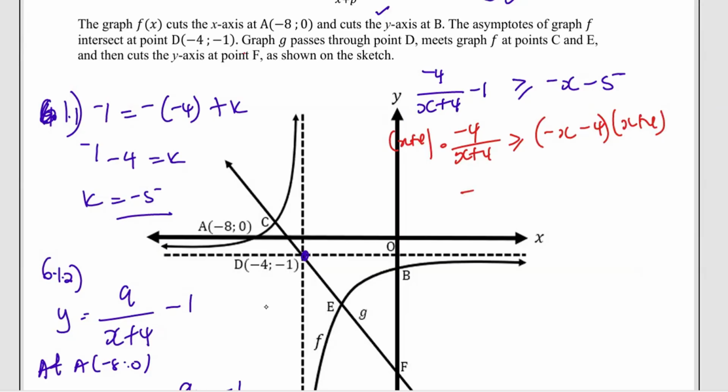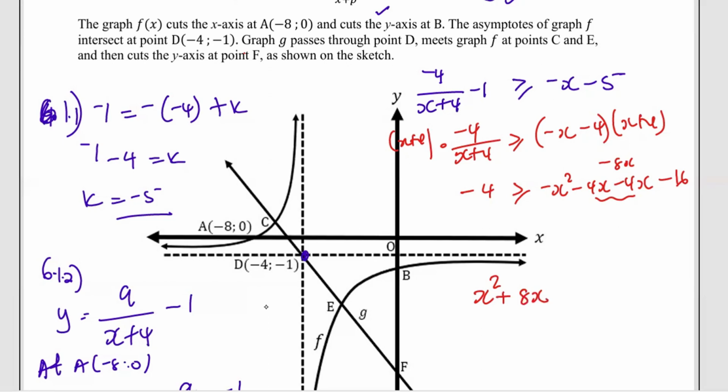So that cancels that. Negative 4 is greater or equal to, this is going to be negative x squared, this is going to be negative 4x minus 16. Let's simplify that, which is a negative 8x. Let's move everything to that one side, so we have positive x squared plus 8x.